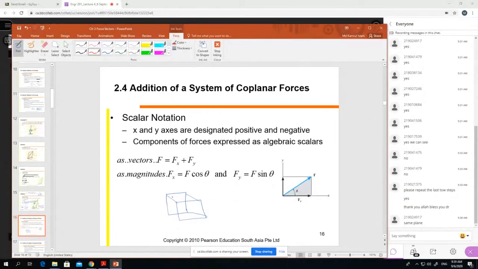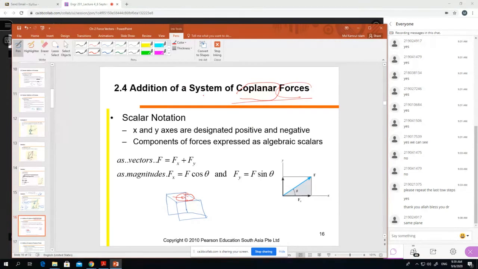Suppose one force is working here, another here, another here, right? If all forces are in the same plane, then it's called coplanar forces. Coplanar forces means all in the same plane.